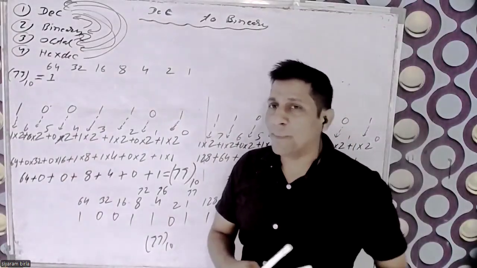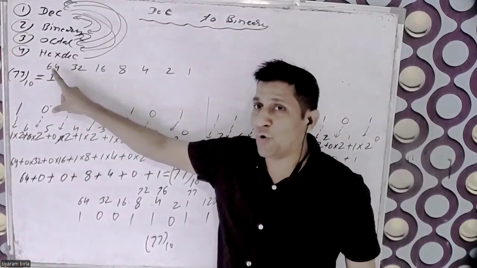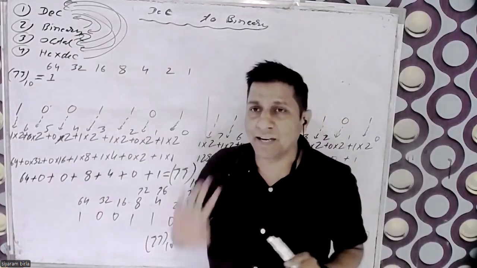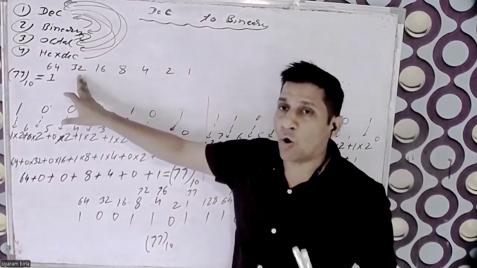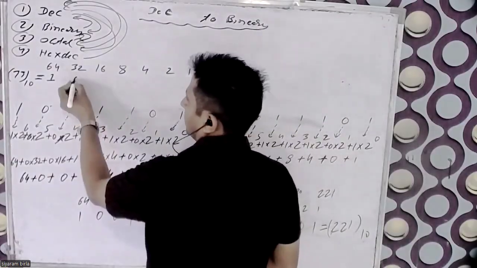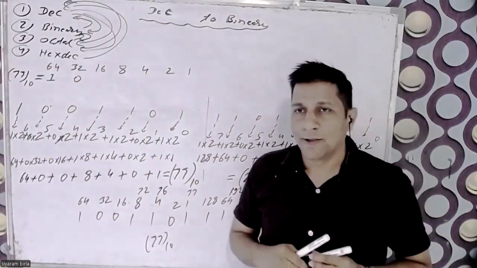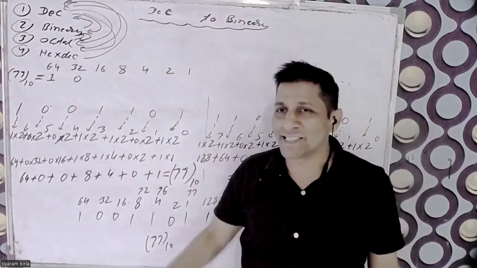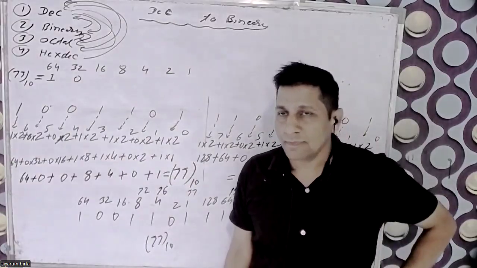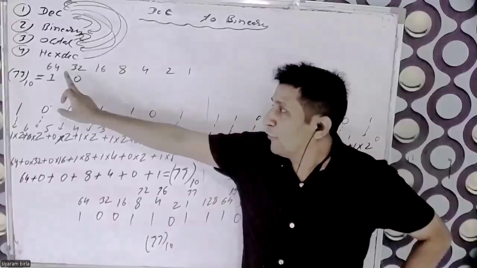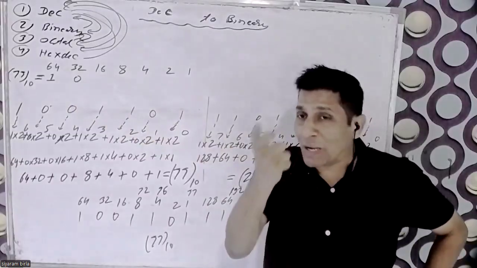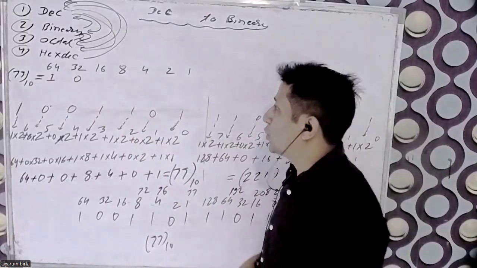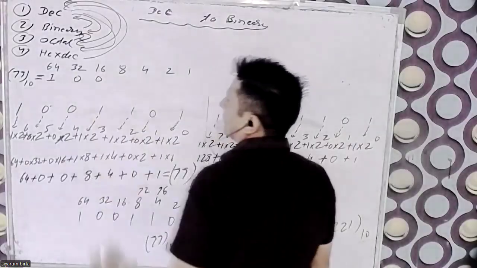But if I add 64 to 32, sorry, 64 plus 32 is 96. 96 is greater than 77, so it becomes 0. If 64 is 1 and I add 16, it becomes 80. 80 is greater than 77, so 16 cannot be 1, it becomes 0.